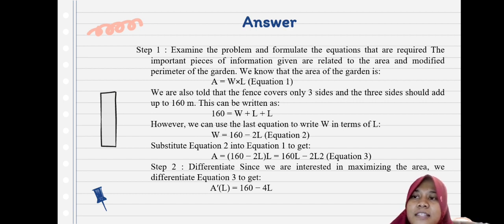Step 2. Differentiate. We are interested in maximizing the area. We differentiate equation 3 to get A'(L) equals 160 minus 4L.